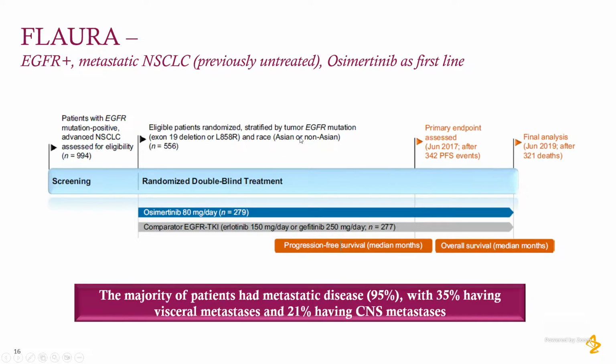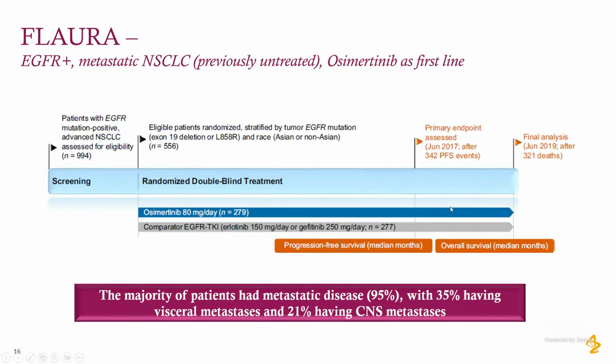Of almost 900 patients, only 556 patients were eligible for this trial, and this was a double-blinded trial. Worldwide patients were taken, with exon 19 and 21 mutations, and even CNS metastatic disease was allowed. In the two arms, the osimertinib arm had 279 patients, and the comparator arm was erlotinib and gefitinib, first generation TKI.